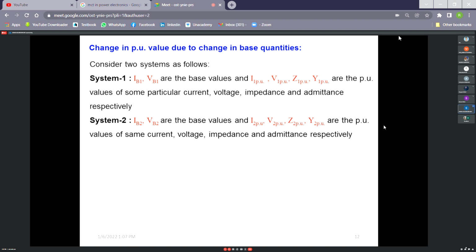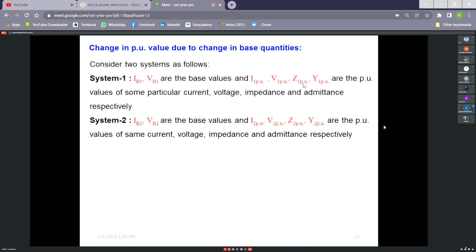So, say in system 1, that means base system 1, IB1, VB1 are the base quantities. Similarly, ZB1 will be there, SB1 will be there for apparent power, everything will be there. And I1 per unit, V1 per unit, Z1 per unit or Y1 per unit are the per unit values of the different parameters.